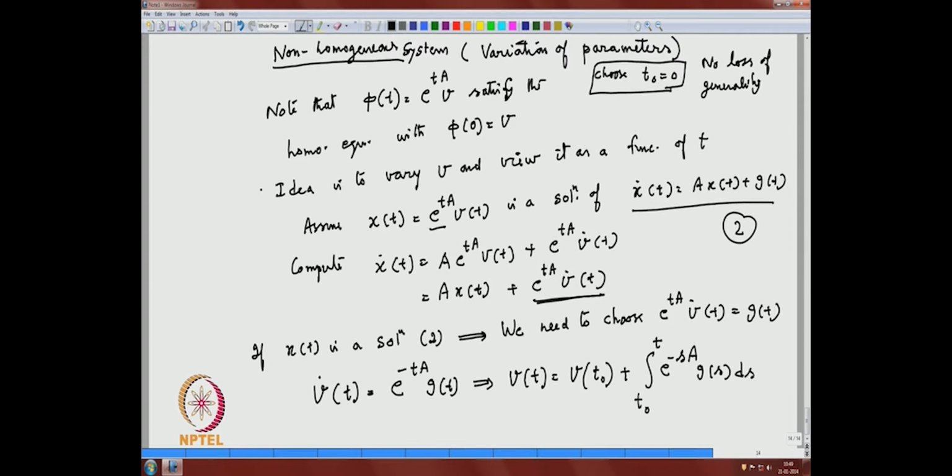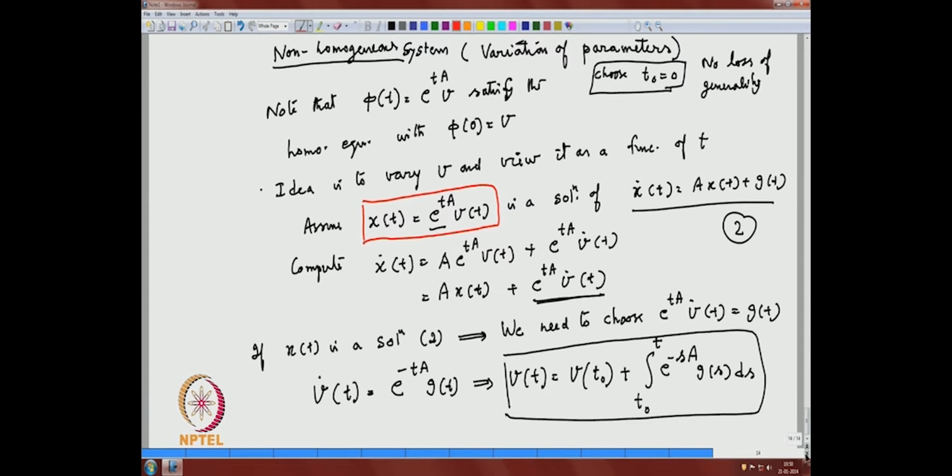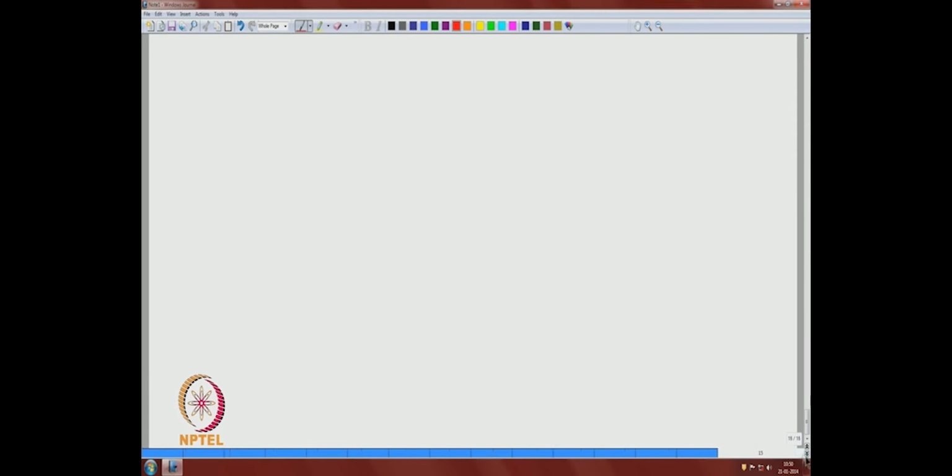So you get that. Now you substitute this formula for V t in the expression for x t. What you get is that x of t will be e power (t minus t naught) A at x naught.